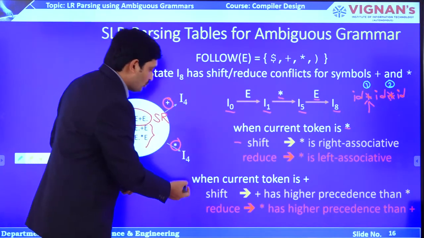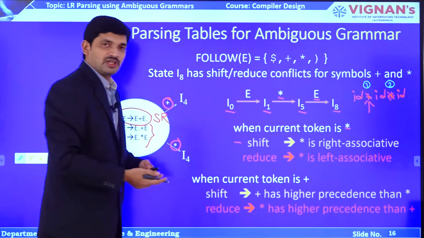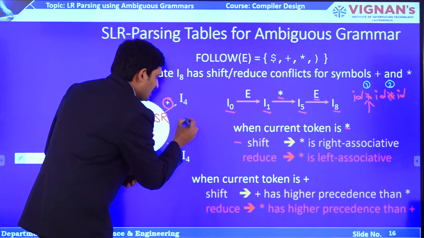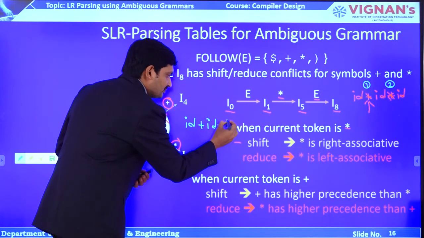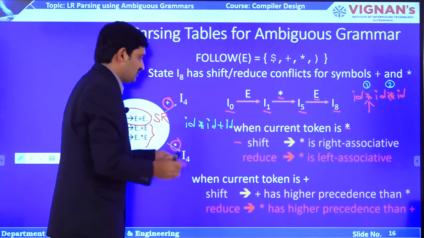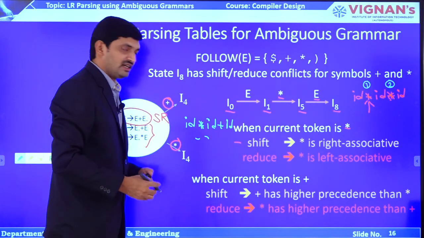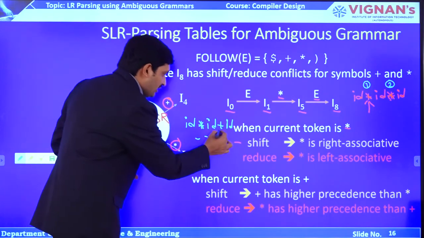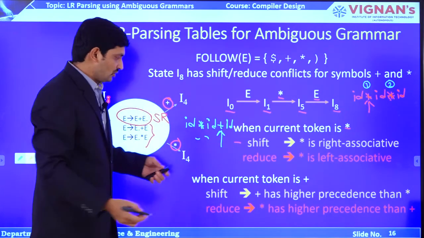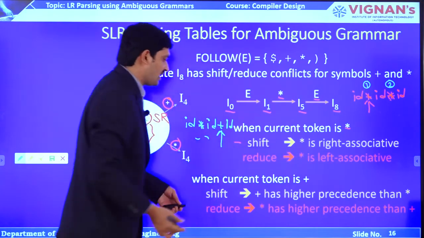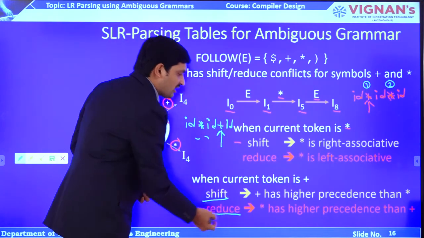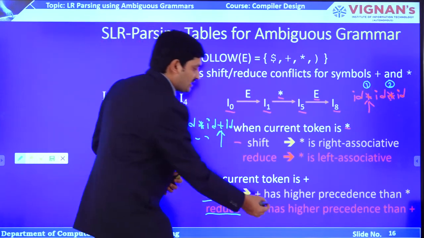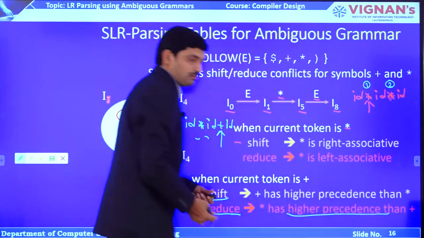And come to the second one, when the current token is plus, that means if it is like id star id plus id. So, if the current token is plus, and star has higher precedence than plus, then we apply the reduce operation, and we apply the shift operation when plus has higher precedence than star.